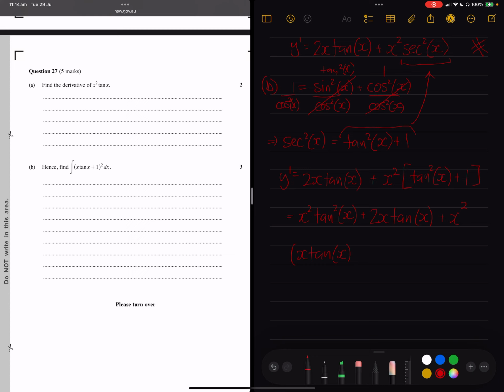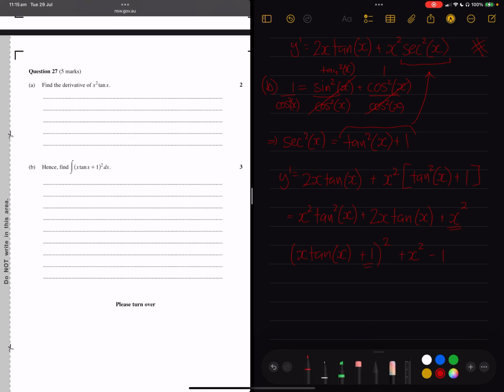Well, the way we're going to get that is multiplying that by 1. So it's going to be x tan of x plus 1 all squared. However, this x squared here we haven't considered. And this 1, if we square 1, we'll have a 1 in here. So we have to have these at the end, plus x squared minus 1.